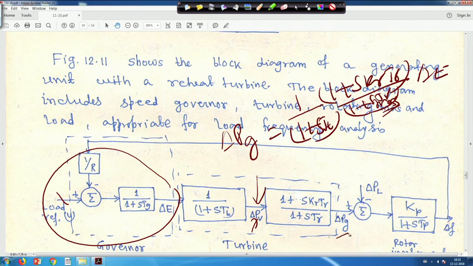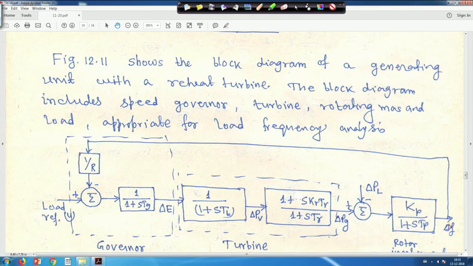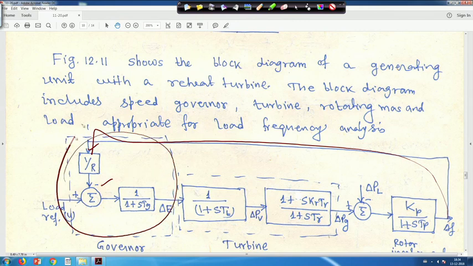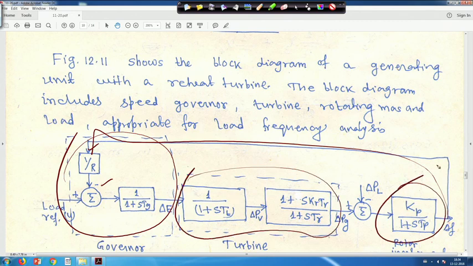Delta Pg is the output here, and minus delta PL into Kp upon 1 plus sTp gives delta F, and this delta F feedback comes here as 1 upon R. This part is the governor part, this is the turbine part, and this is the power system part.